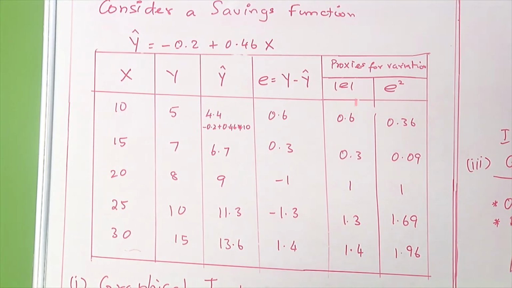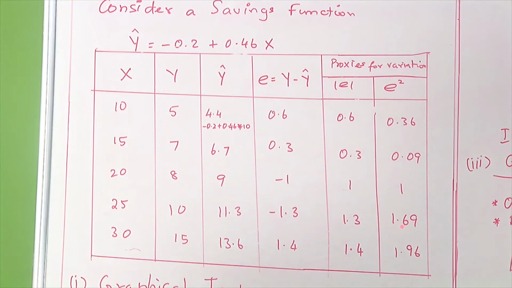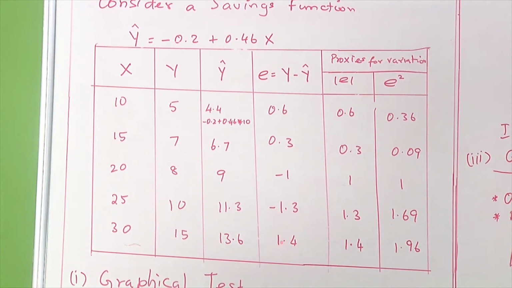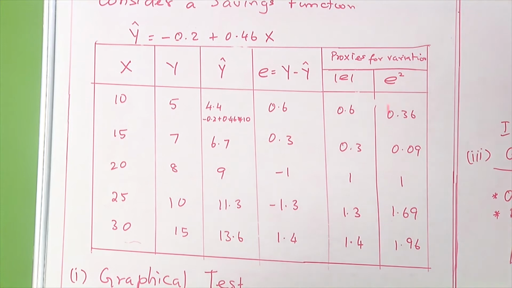The first column is the absolute values of these error terms, 0.6, 0.3, 1, 1.3, 1.4. The square of it is the second column. So, we get 0.6 whole square is equal to 0.36, 0.3 square 0.09, 1 square 1, minus 1.3 square 1.69, the square of 1.4, 1.96. So, you get these columns.